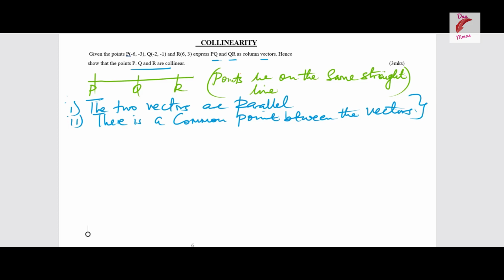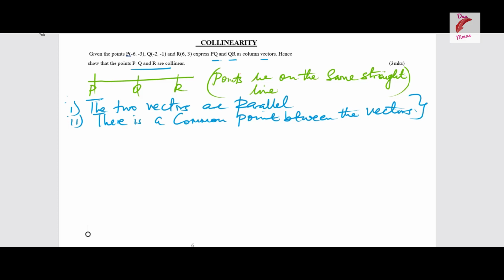So we express them as column vectors. But first, it will be necessary for us to write these points as column vectors.